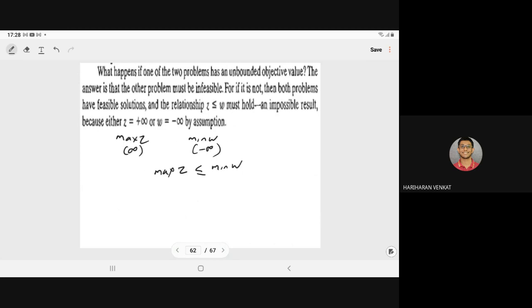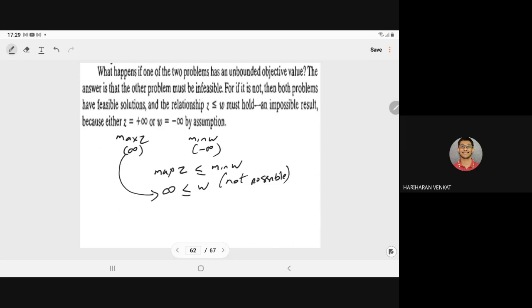So if z is unbounded, then infinity less than or equal to w, possible? Infinity cannot be less than some finite quantity, so not possible. So when we have an unbounded solution, its dual will always be infeasible. It cannot be feasible, otherwise this theorem will be violated.